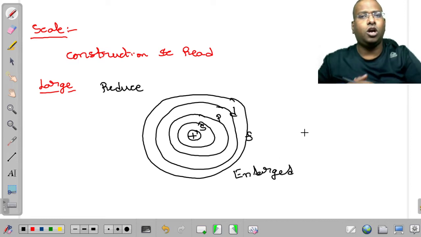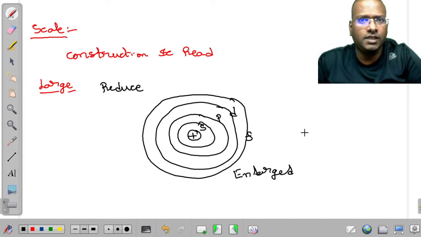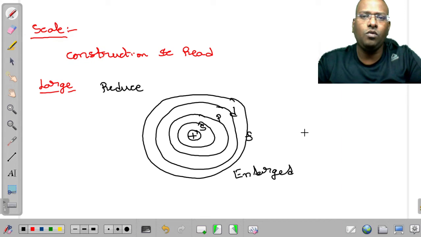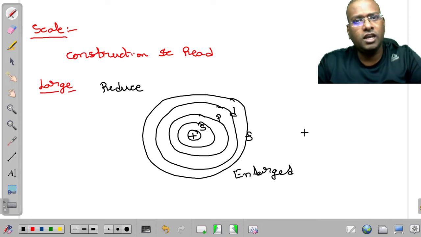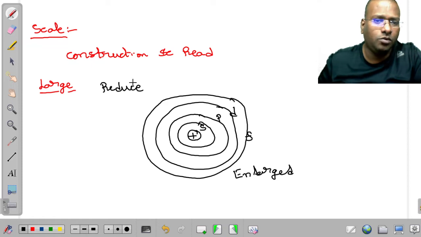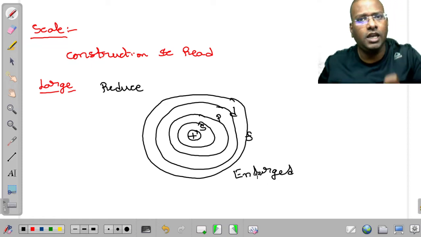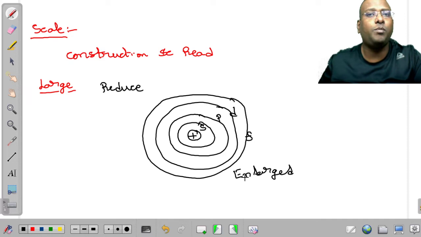So whenever the object size is not going to fit into a drawing sheet, we can either reduce the dimensions of the object to represent it on the drawing sheet, or enlarge the size of the object to show it clearly to the observer. So here it may be a reduced one or an enlarged one. Once it is reduced or enlarged, each and every element should be in equal proportion.